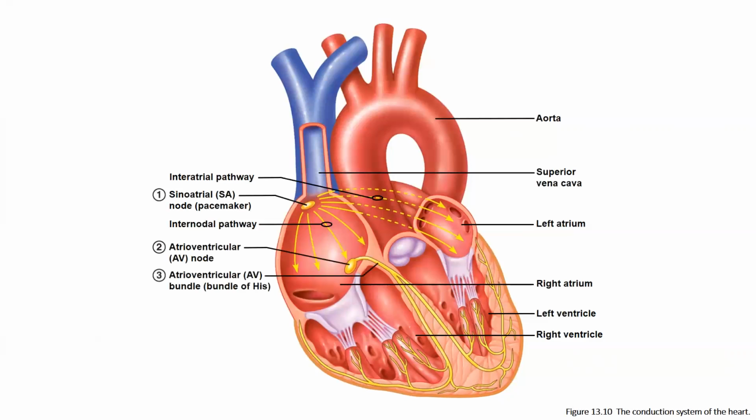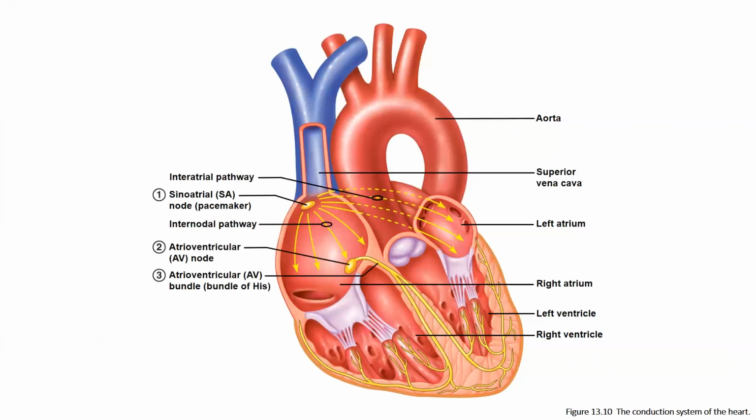Then the signal goes to the atrioventricular node. Now the AV node is in between the right ventricle and the right atria, and that sort of is acting like a delay. That is going to delay the impulse from getting down to the ventricle prematurely. We want both of the atria to contract before we get that impulse going to the ventricular tissue.